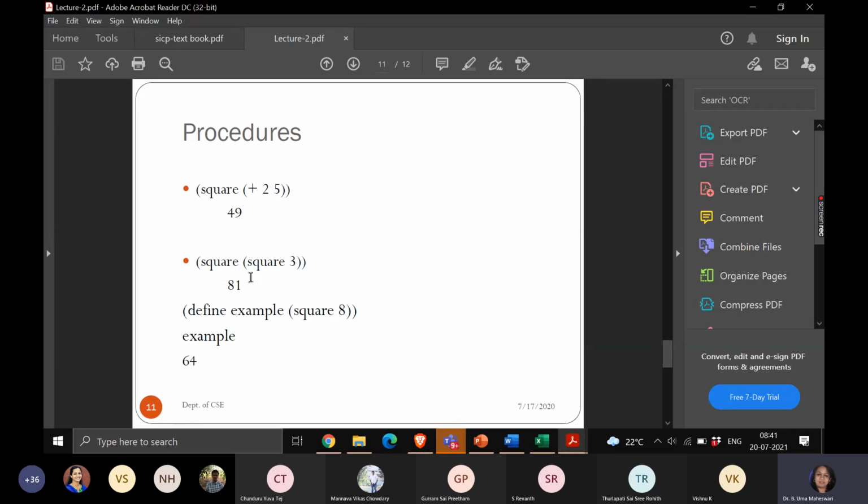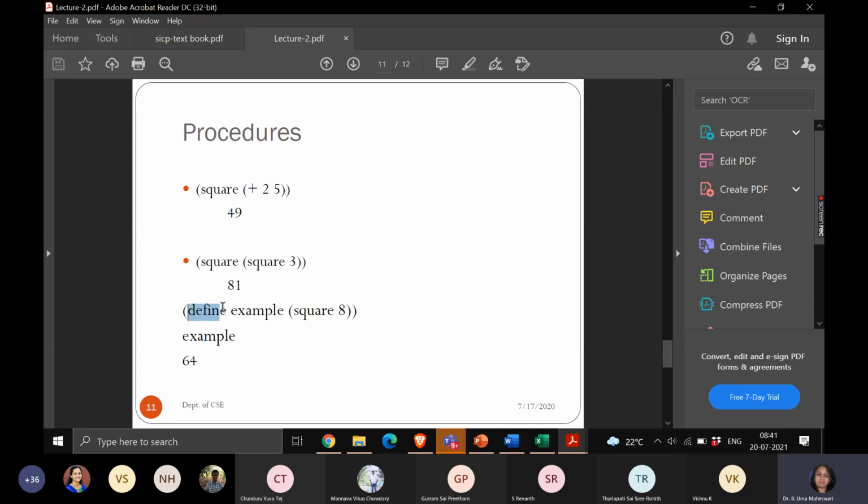We can also have a nested call like square of square of 3. The innermost one, square of 3, is evaluated, and the result is substituted as the actual value for the outer procedure.